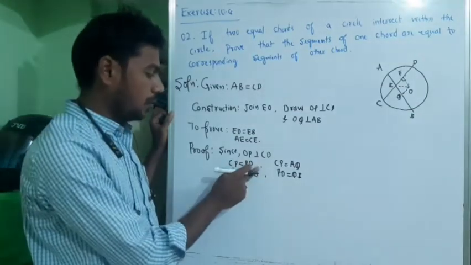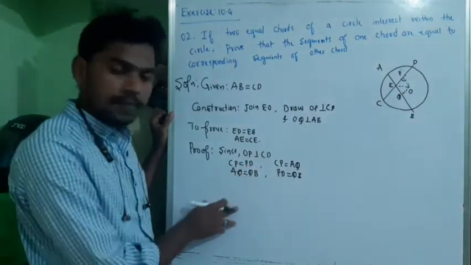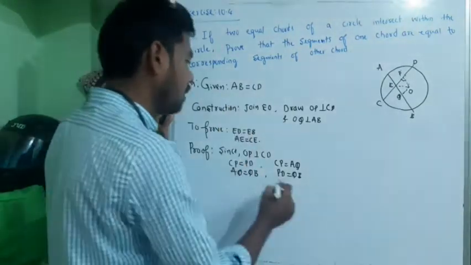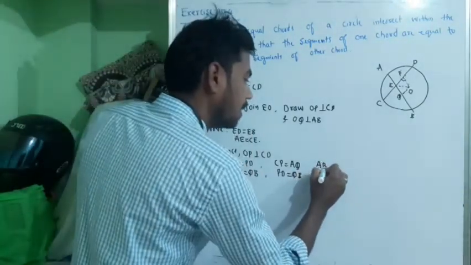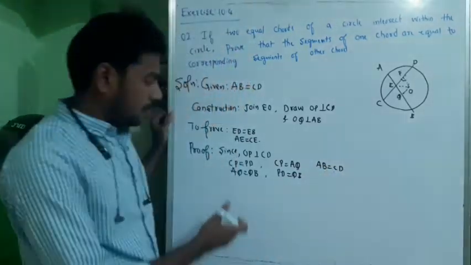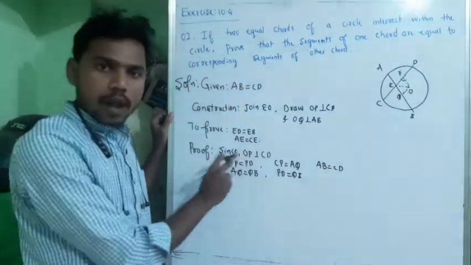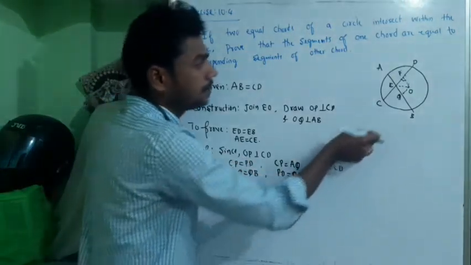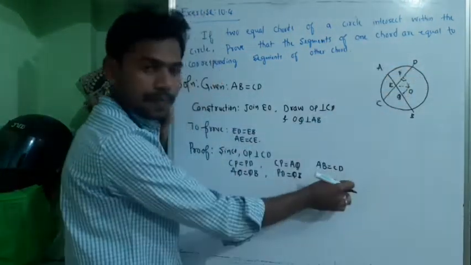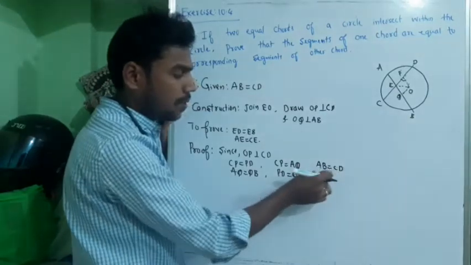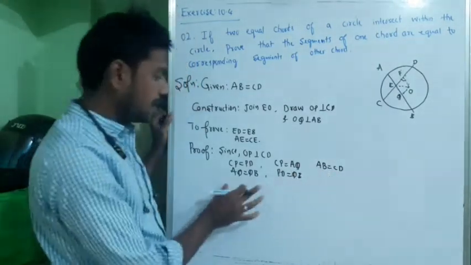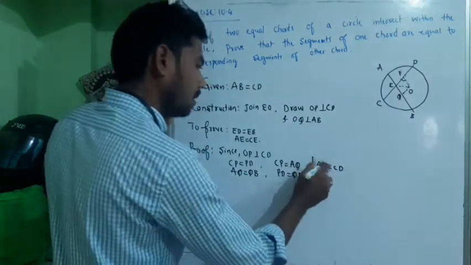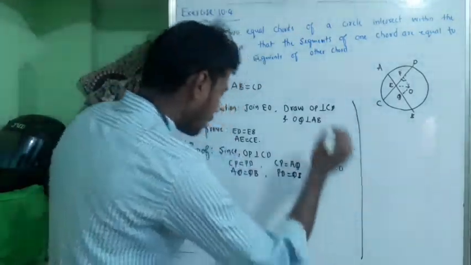Since CP is equal to PD and AQ is equal to QB, and both the chords are equal, we know that AB is equal to CD. So their halves will also be equal. So CP, half of CD, is equal to half of AB. The same thing I have written. This is because AB is equal to CD.